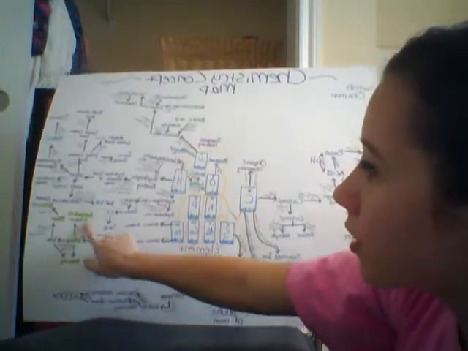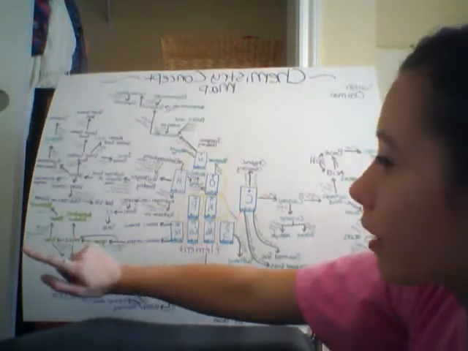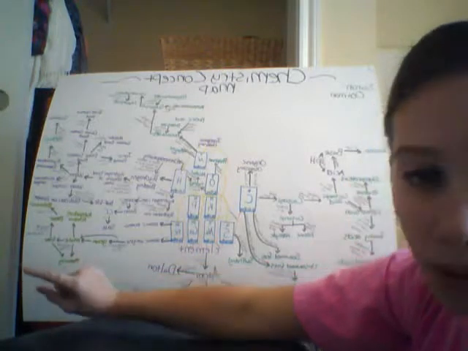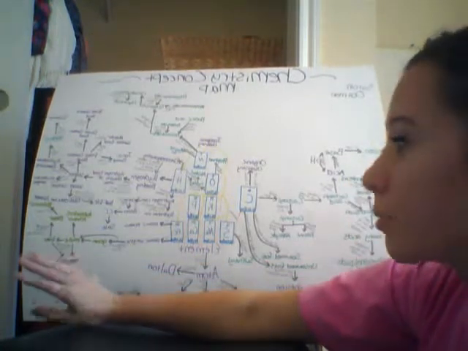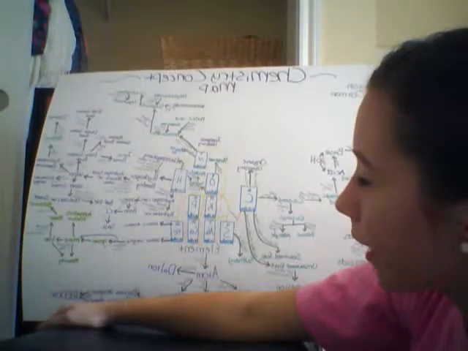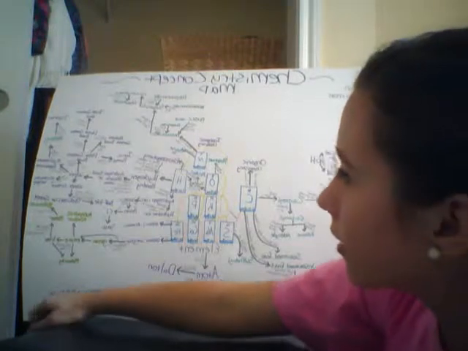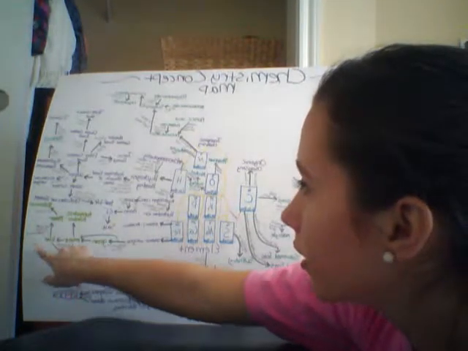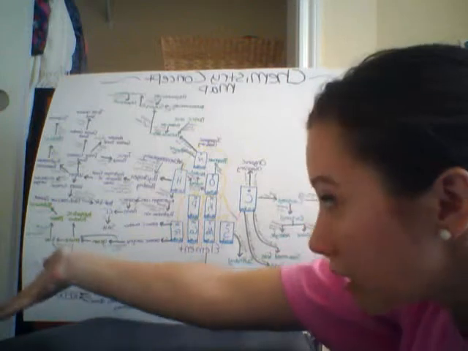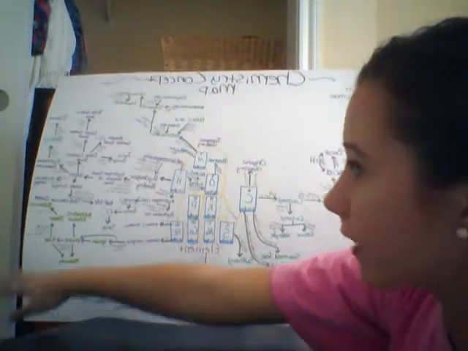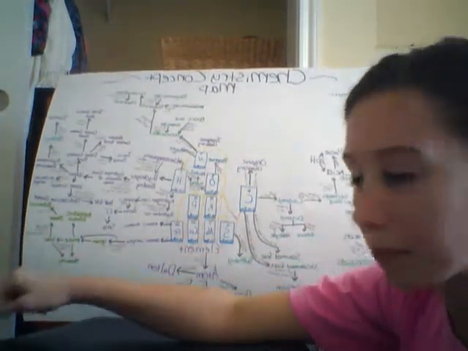I connected a mole to Avogadro's number because 1 mole is equal to 6.022 times 10 to the 23rd power. And here I connected liter to meter because meter is the basic unit of measurement. And then a millimeter is 10 to the negative 3 meter.